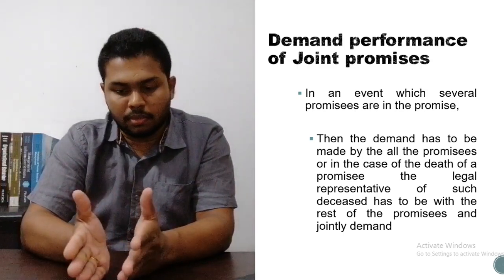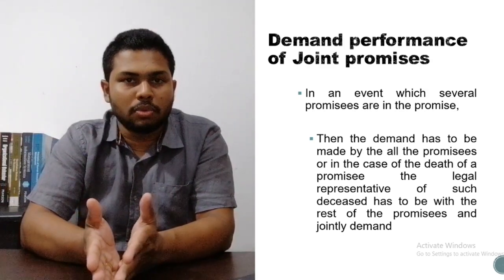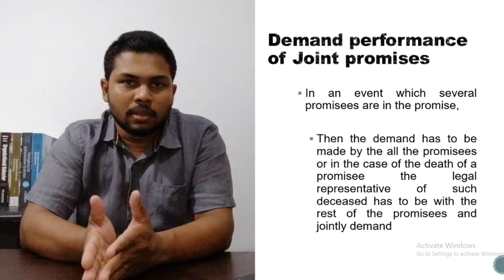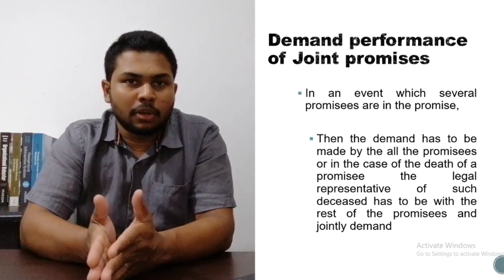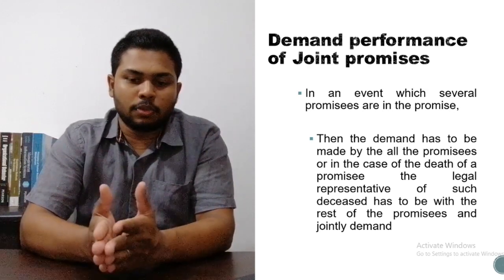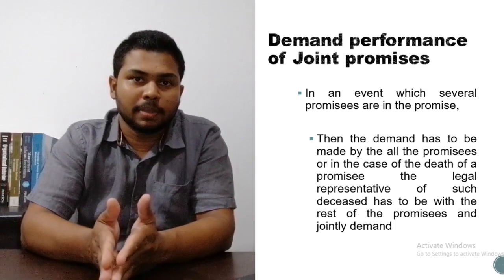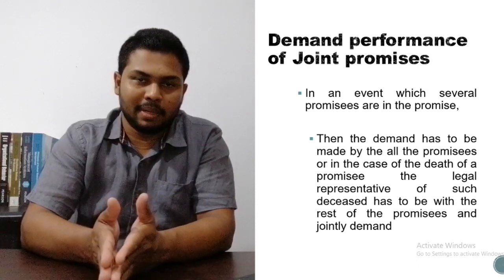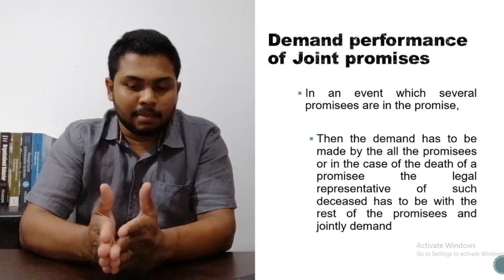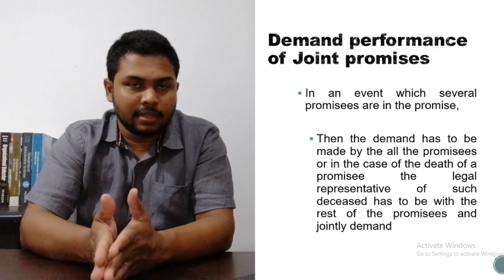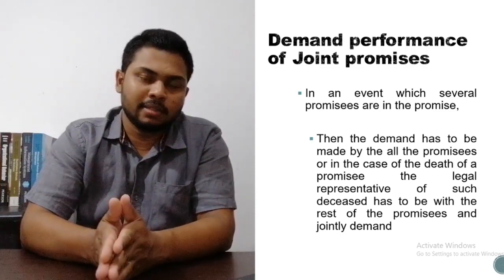If a party has given you a promise and has failed to perform it, then being the promisee, you are going to demand for it. The promiser cannot demand the promise, because he's the person who has to perform it. So only the promisee has the right to demand the promise.